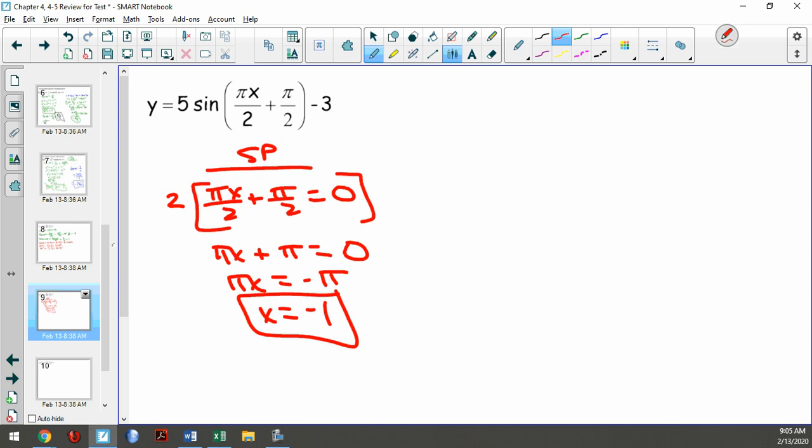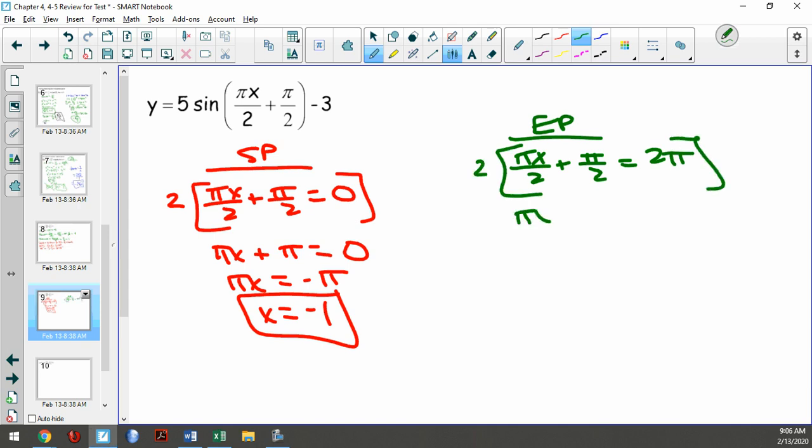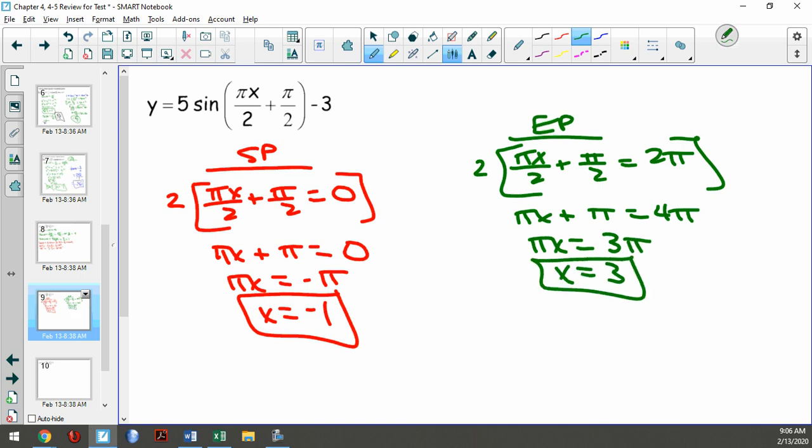How do I find my ending point? Same exact concept, except this time I'm setting it equal to 2 pi. Multiply everything by 2, so that's pi x plus pi is equal to 4 pi. Subtract pi, that's 3 pi, so x is stopping at 3.